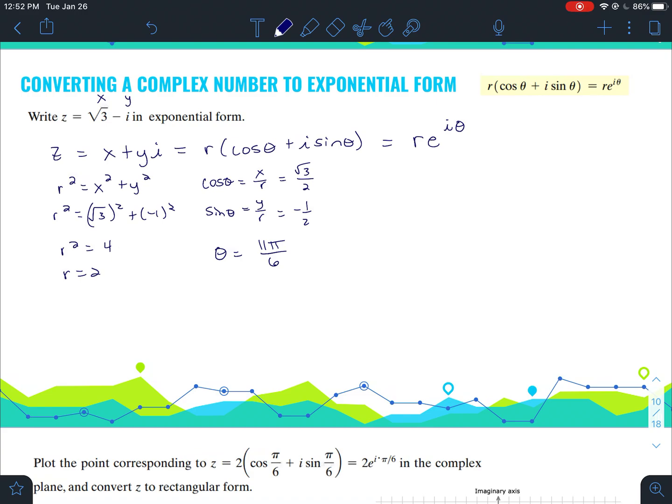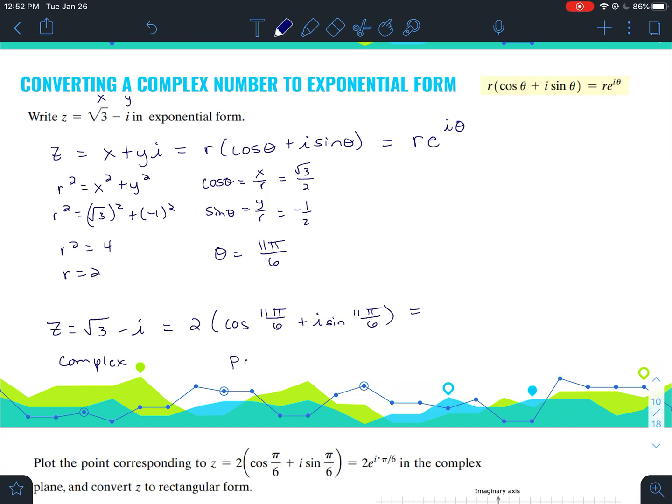So in polar form, we have z equals the square root of 3 minus i. That's complex form. In polar form, it would be 2, and then the cosine of 11 pi over 6, and then plus i, the sine of 11 pi over 6. So this is complex, this is polar.